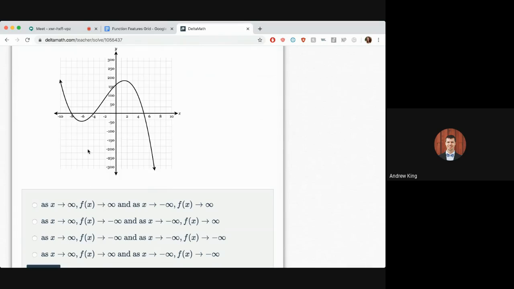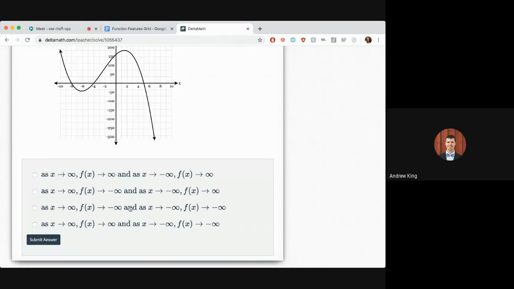So as x goes to positive infinity, positive in the x direction means towards the right. So as we trace out the graph to the right, it's going down. So I want x to go to positive infinity and f of x to go to negative infinity. So it's either choice 2 or choice 3. As it goes to the right, it goes down to negative infinity.